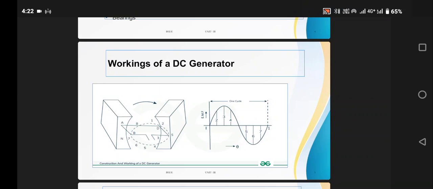If we represent it in a graphical waveform, we take angular deflection on the x-axis and EMF on the y-axis. Initially it will generate AC only. After that, by means of the commutator, it is converted into DC.